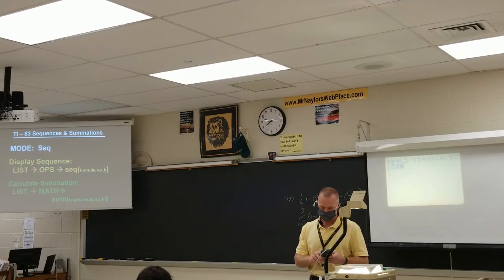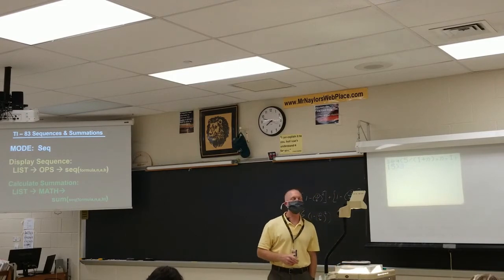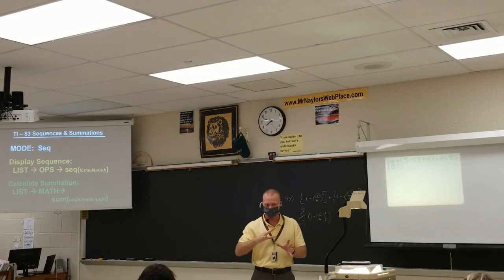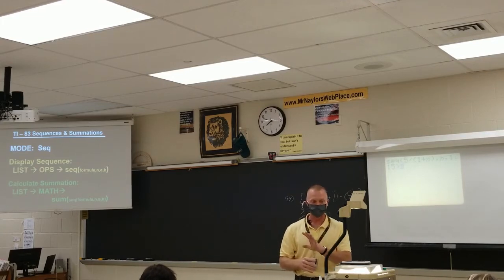In this case, it's the index, 1 to 15. Some of you with a different version of a calculator might actually be typing these same 4 things around a sigma symbol. You're still putting the same 4 things in: a formula, the letter n, and then the index 1 to 15.